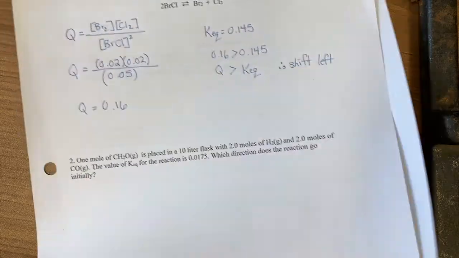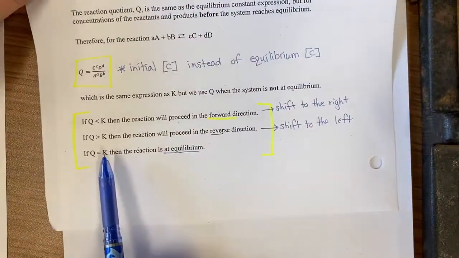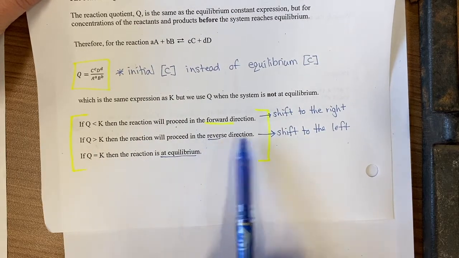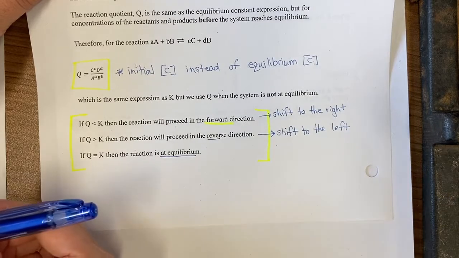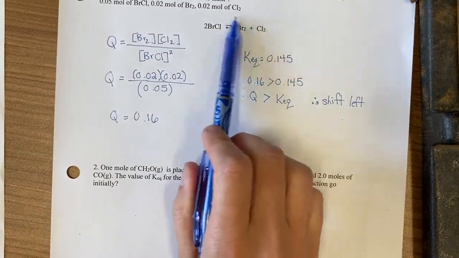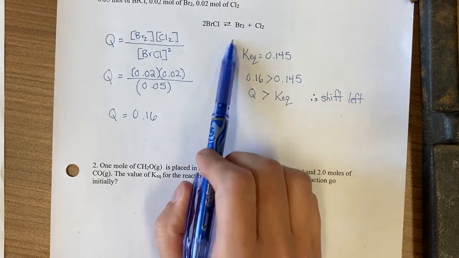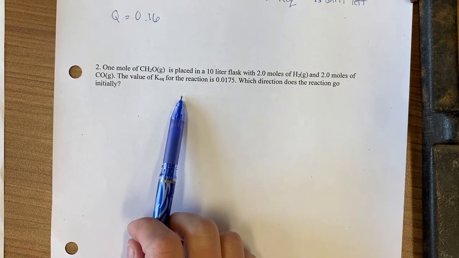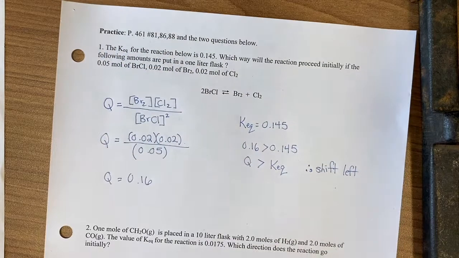So just like you can refer back to that first page, Q is greater than K, the reaction proceeds in the reverse direction, towards the left side, towards the reactants, to reach equilibrium. So we'll do number 2 together in class, and then we'll work through some of those practice questions.